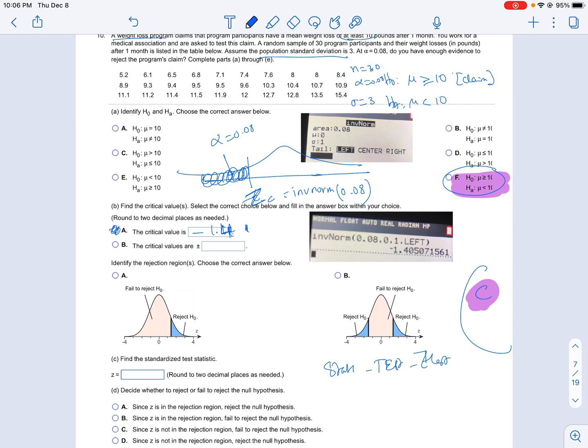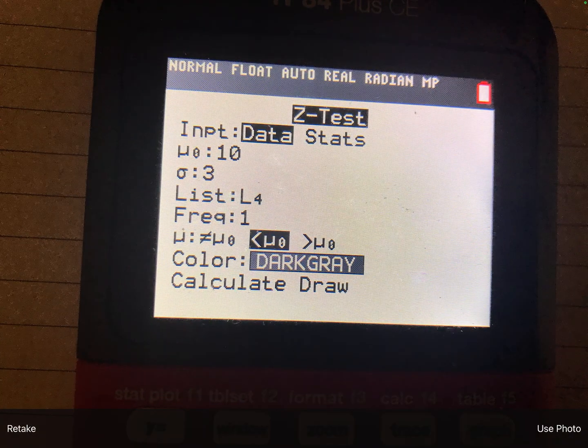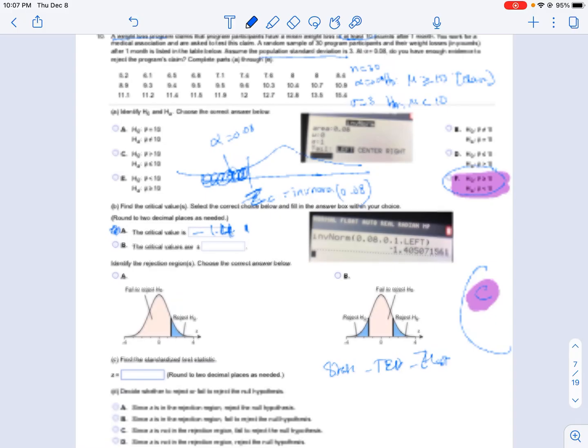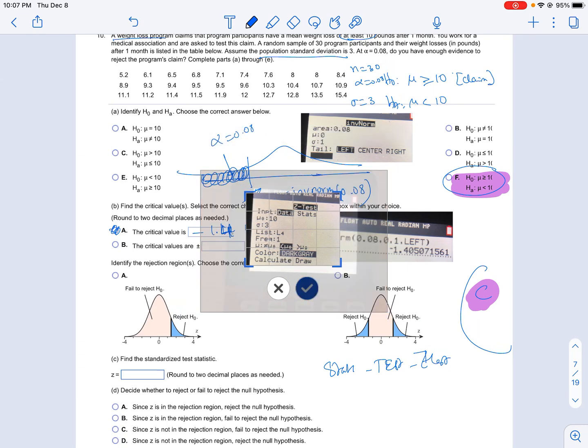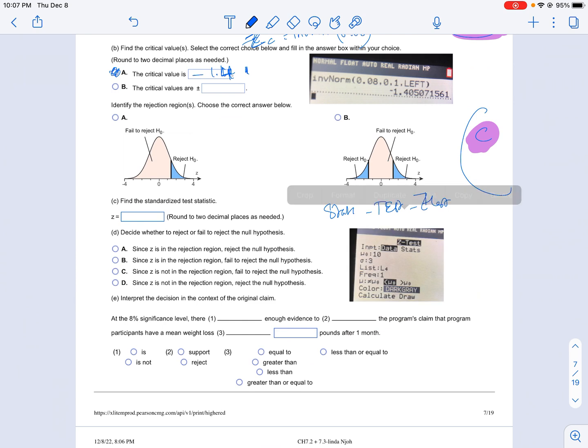All right, I'll show you my setup. This is the setup. And then calculate.